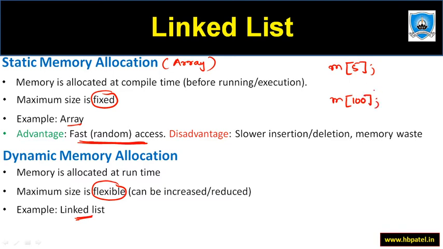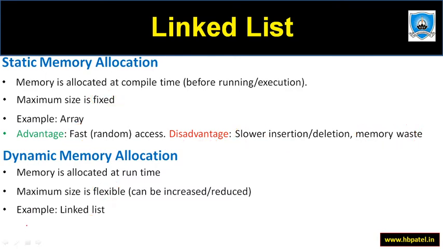You do not need to traverse, just specify the index and done. So it has faster access. But the disadvantage, as we have seen, is that insertion and deletion result in very slow performance, and of course waste in memory. These are the problems with array.